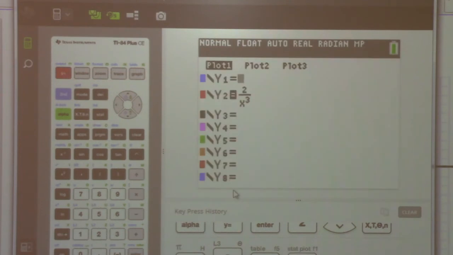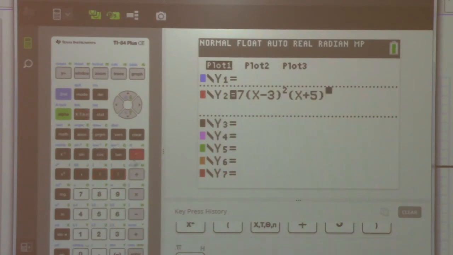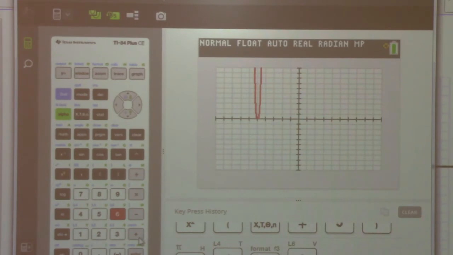So if we go over here, and, well, there it is. We have 7 quantity x minus 3 squared, and then that's going to be times x plus 5 to the 4th power. And we graph this thing to standard window. Looks like this.